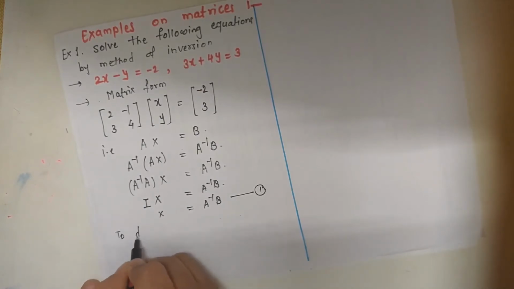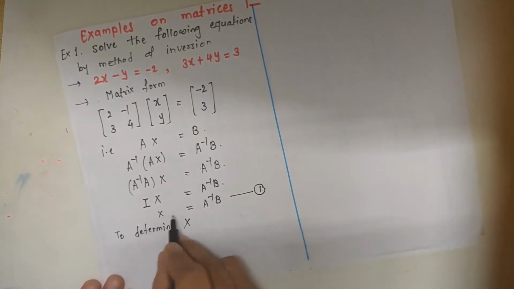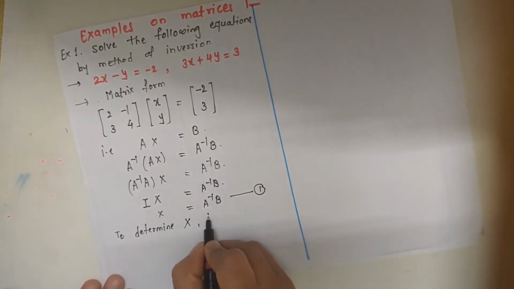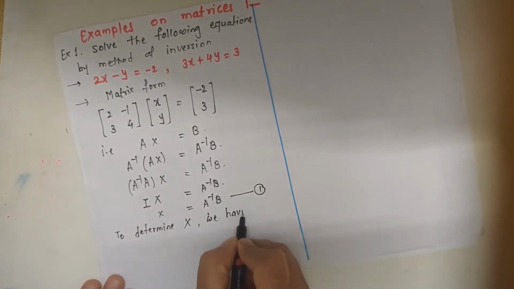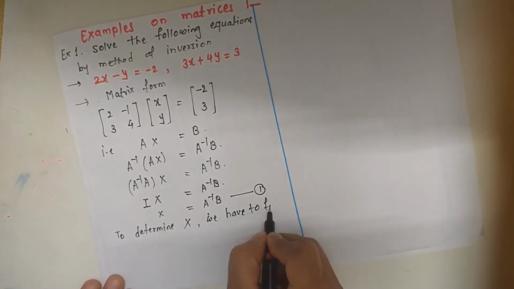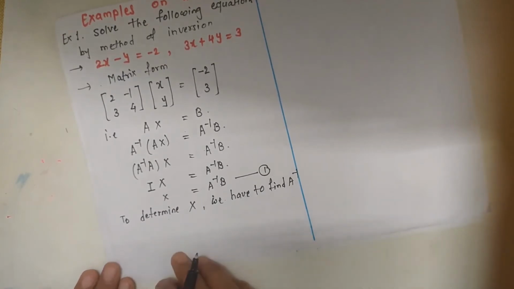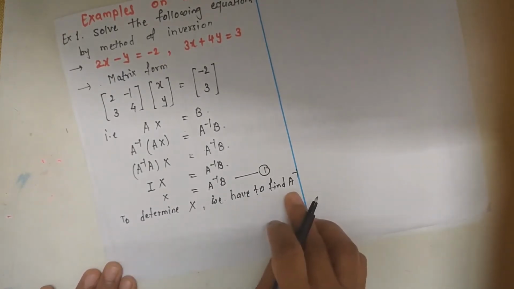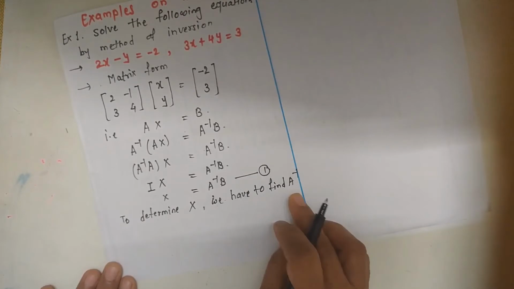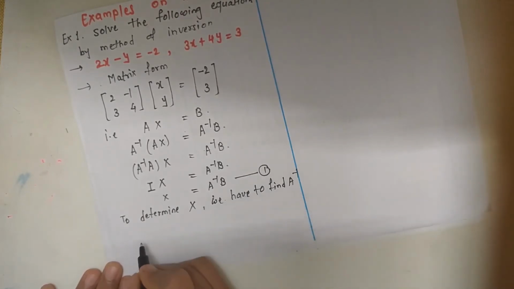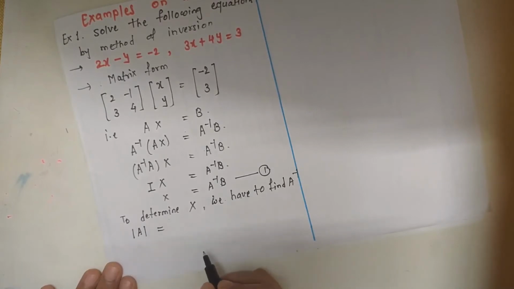Now to determine X, the variable matrix, we have to find the value of A inverse. Before finding A inverse, we have to find the determinant of A for the existence of A inverse.